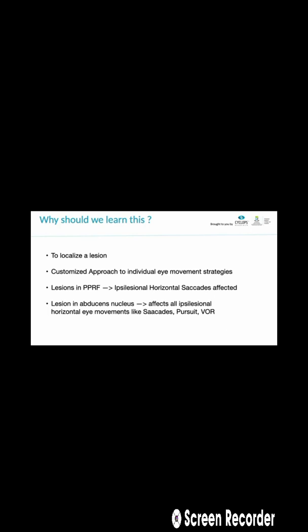That is, a lesion in the PPRF affects only the horizontal saccade, whereas the lesions in the abducens nucleus affect all ipsilesional horizontal eye movements.